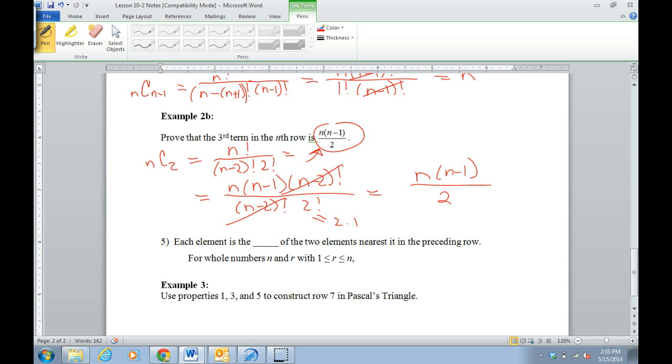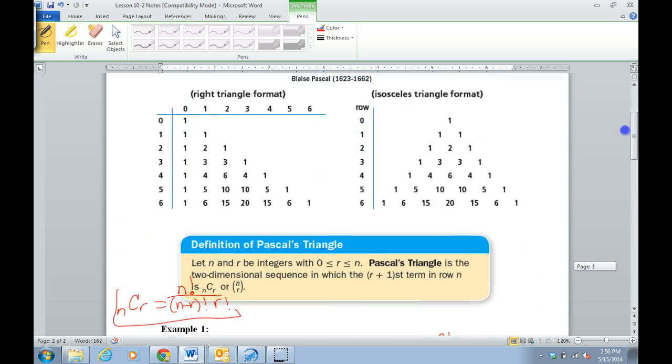So now, look at number 5. It says, for each element, it is the sum of the 2 elements nearest it in the preceding row. I want to show you that, because Annalise showed us that earlier. This, right here.